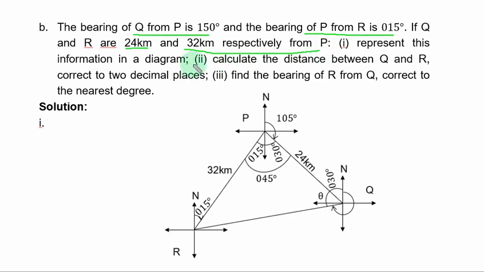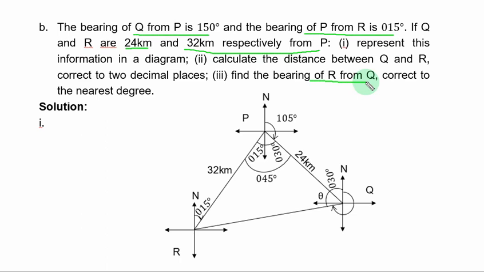Roman figure 2, calculate the distance between Q and R correct to 2 decimal places. Roman figure 3, find the bearing of R from Q correct to the nearest degree.